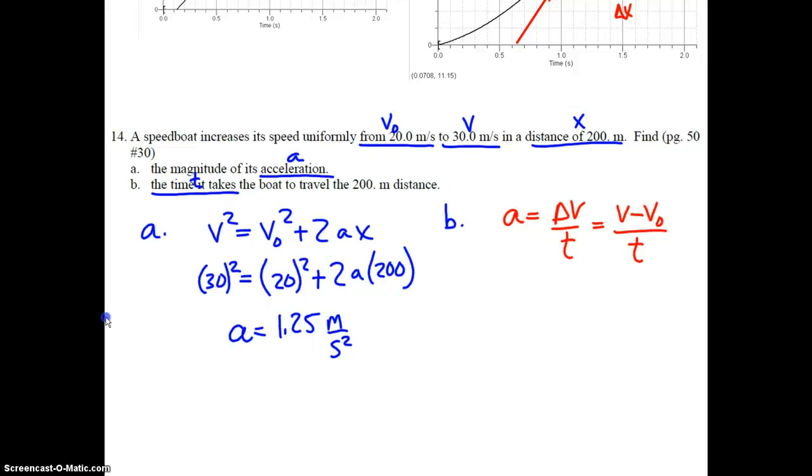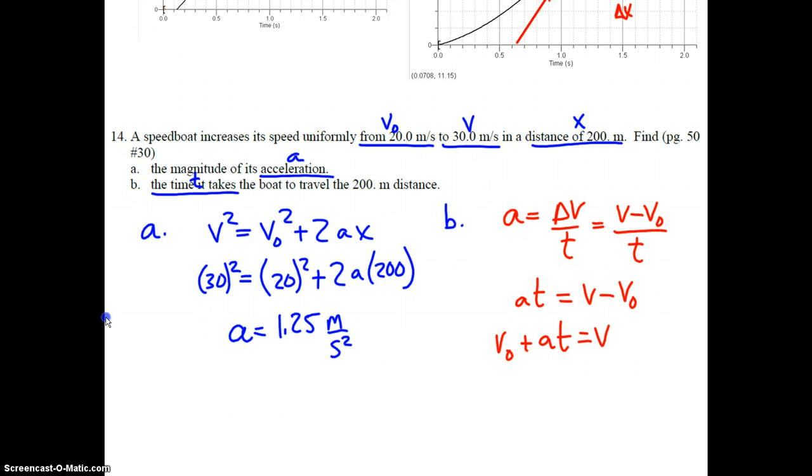But I'm going to show you here, if we take this equation that we've derived so far and multiply both sides by t, we get at equals v minus v0. And then if we add the v0 to the other side, we get v0 plus at equals v.